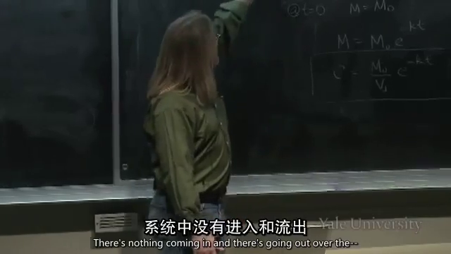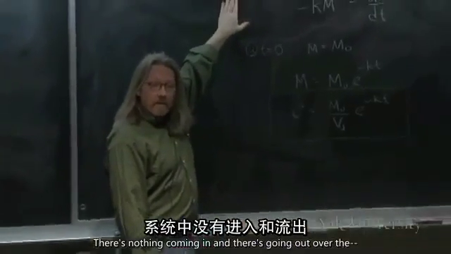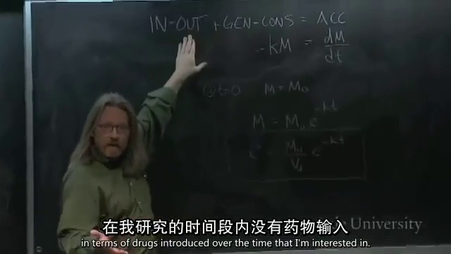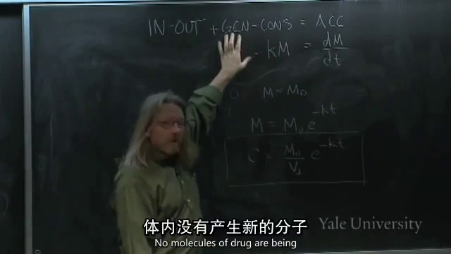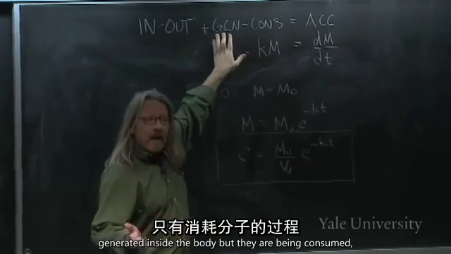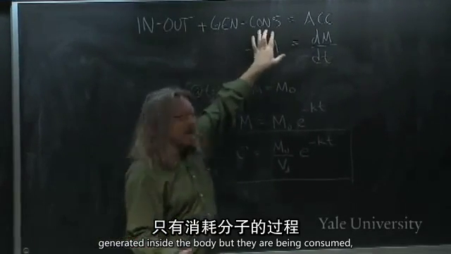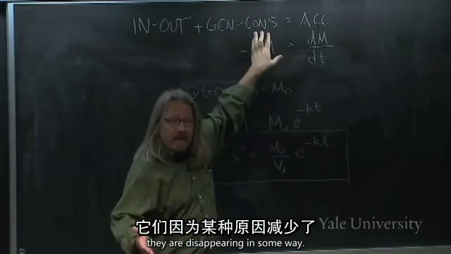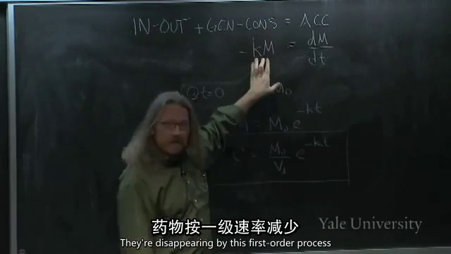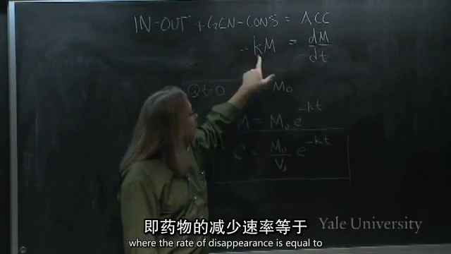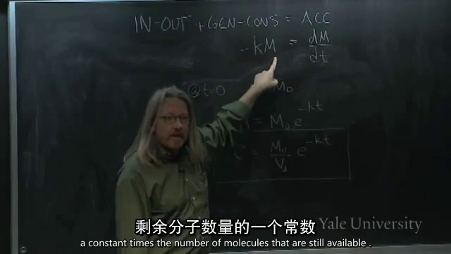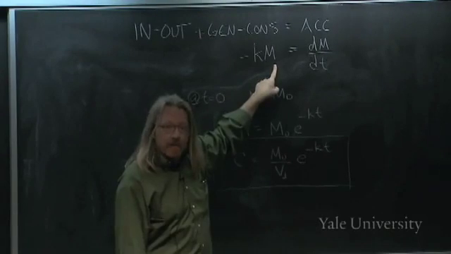So there's nothing coming in and there's nothing going out in terms of drugs introduced over the time that I'm interested in. No molecules of drug are being generated inside the body, but they are being consumed. They are disappearing in some way. And they're disappearing by this first order process, where the rate of disappearance is equal to a constant times the number of molecules that are still available.